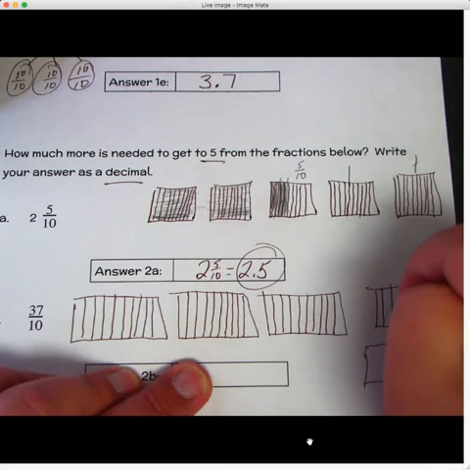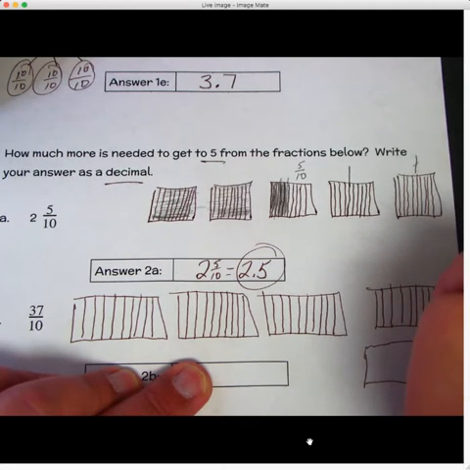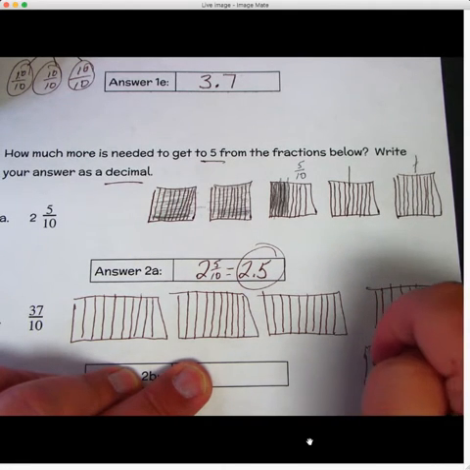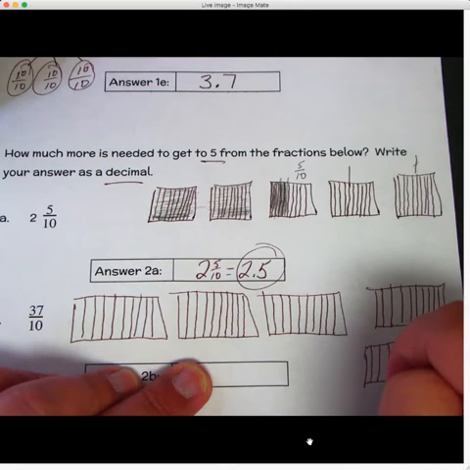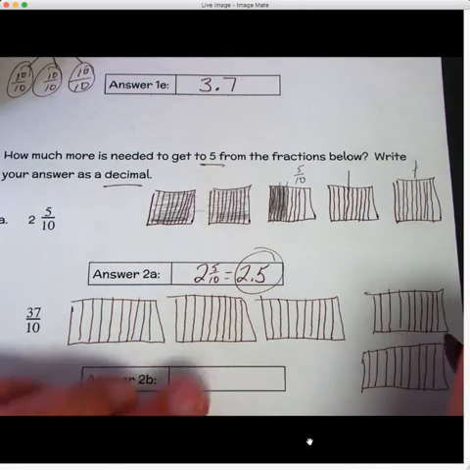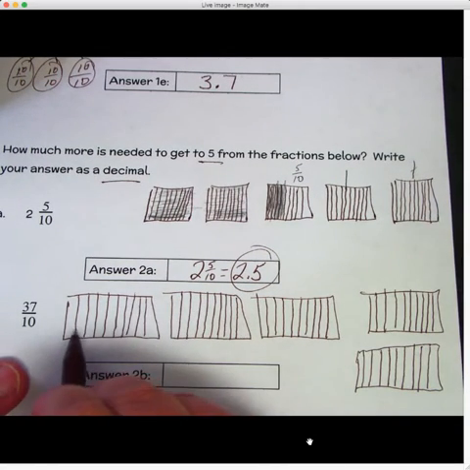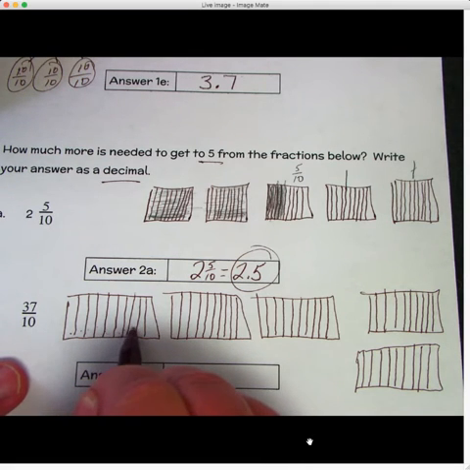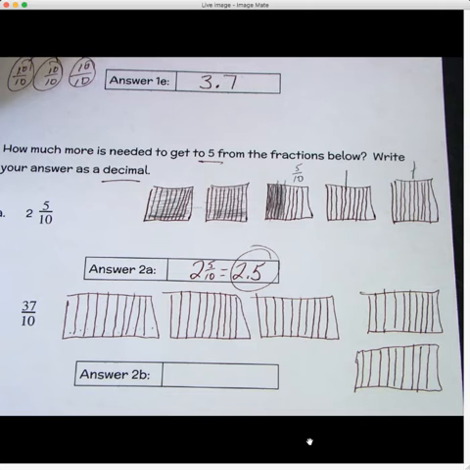Now I drew 9 lines because when you draw 9 lines, it divides them into tenths. 1, 2, 3, 4, 5, 6, 7, 8, 9, 10. Okay. So this time we've got how many tenths should we fill in?